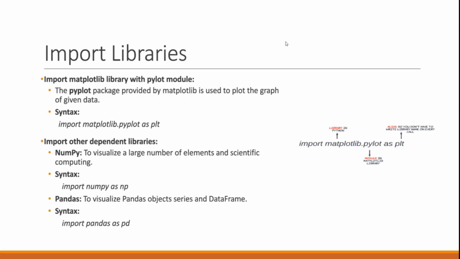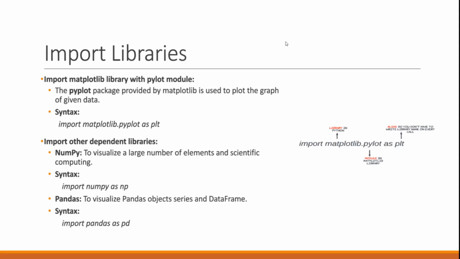and we also require some other libraries to enhance our plot. The other dependency libraries are NumPy and pandas. Basically, NumPy provides us a powerful n-dimensional array object to represent a collection of items. So by using it, we visualize a large number of elements and do scientific computing.